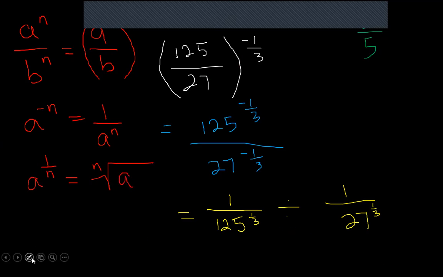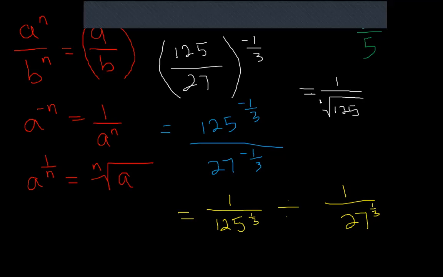So according to my law, 125 to the power of a third is the same as the cube root of 125. And don't forget, this is also divided by 27 to the power of a third, which gives me the cube root of 27.